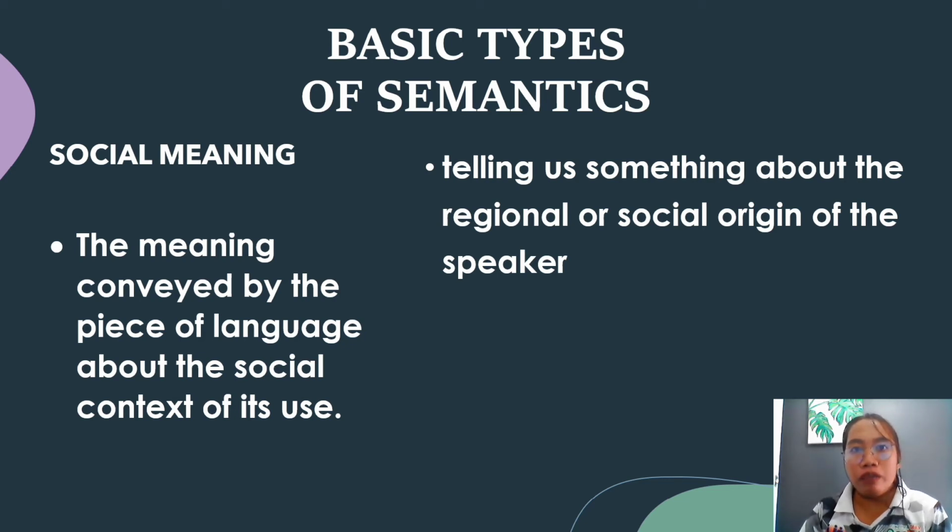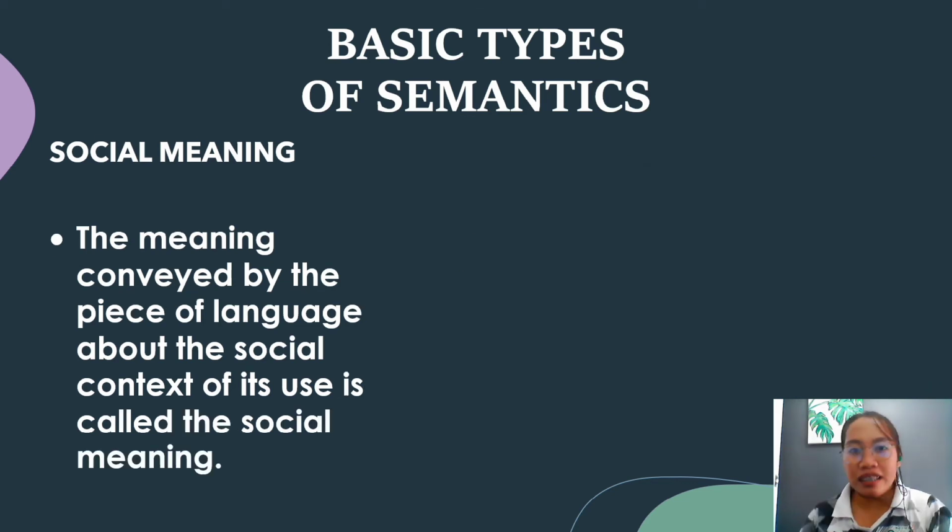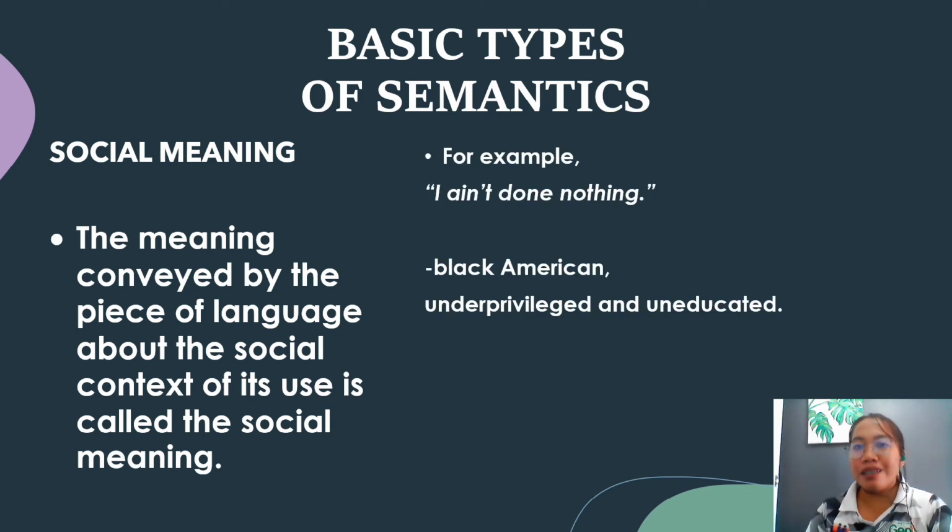The decoding of a text is dependent on our knowledge of stylistics and other variations of language. This just means that we recognize some words or pronunciations as being dialectal, telling us something about the regional or social origin of the speaker. For example, "I ain't done nothing." The line tells us about the speaker, that the speaker is probably a black American, unprivileged, and uneducated.